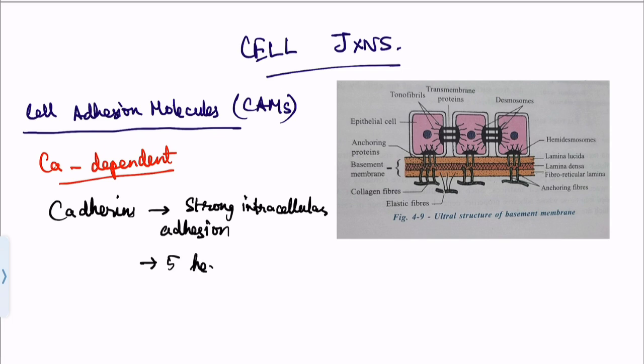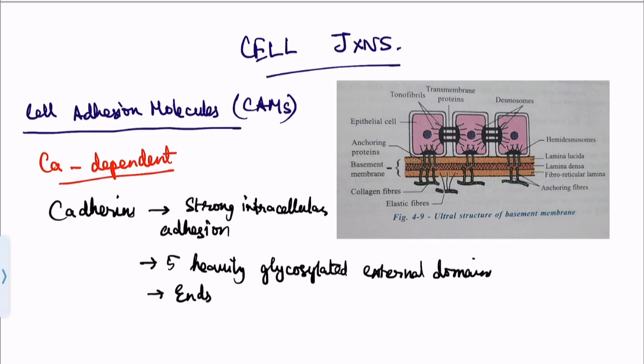They have heavily glycosylated external domains. Right.